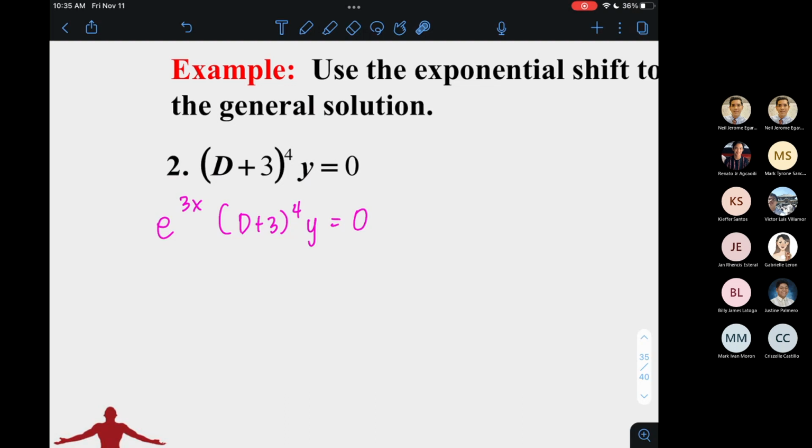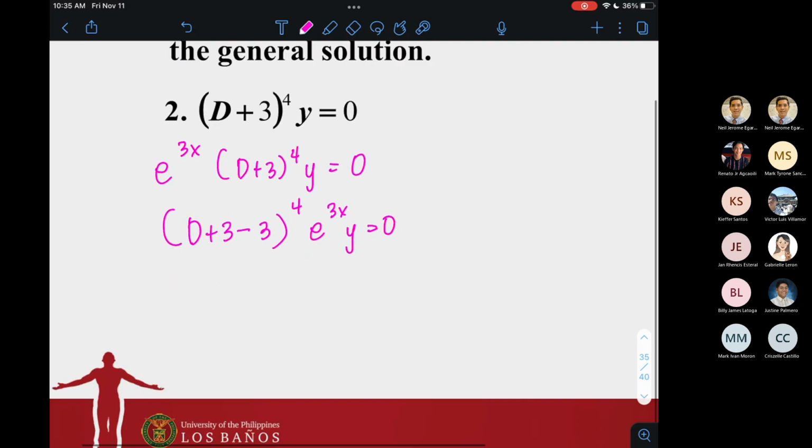So ibig sabihin, ito ay magiging d plus 3 minus whatever the coefficient to the multiplier was. Ang coefficient sa exponent ng multiplier ay 3. So magkakaroon tayo ng minus 3 to the fourth applied to e to the 3x y ay equal kay 0. So we'll be left with the fourth derivative of e to the 3x y ay equal kay 0.